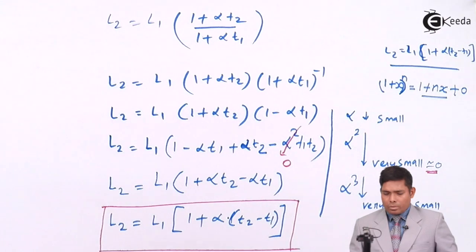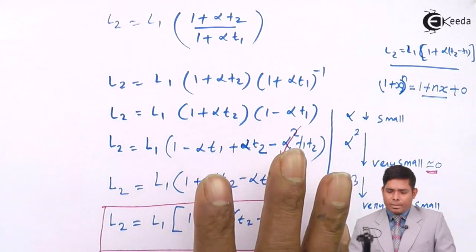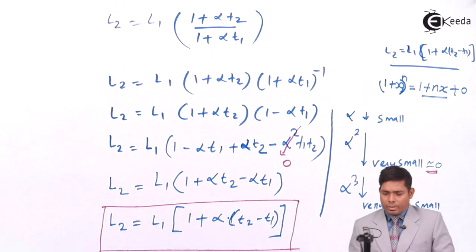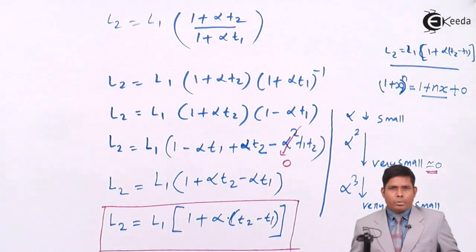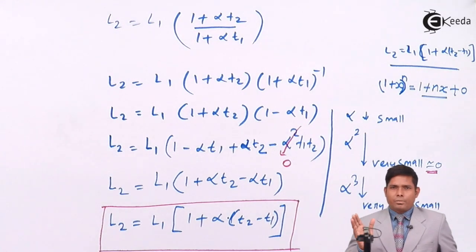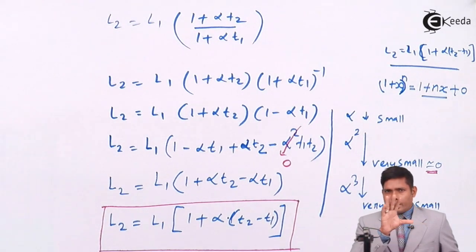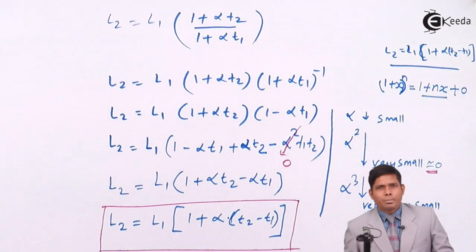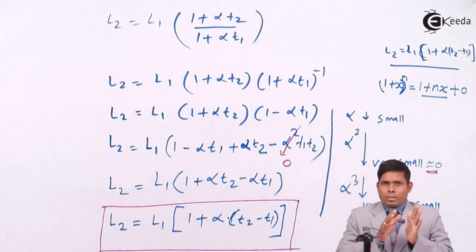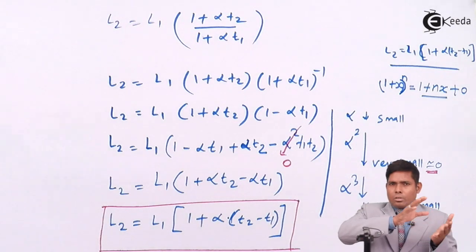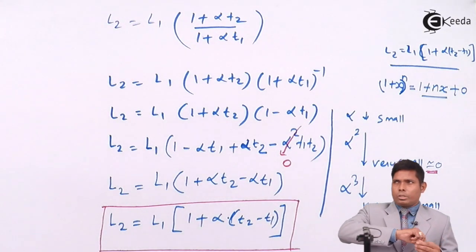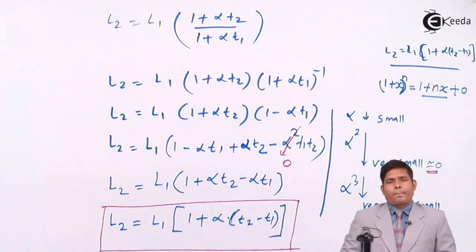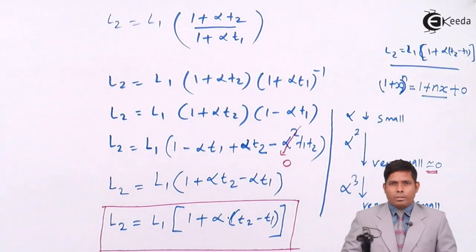Now in the next video we will be deriving, for areal expansion, the same thing we have derived for linear expansion. If the plate is heated from a temperature which is not exactly 0 degree centigrade but any other temperature, how do we write the formula for that?